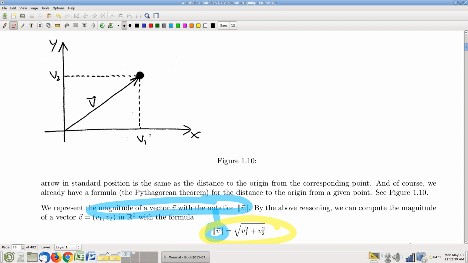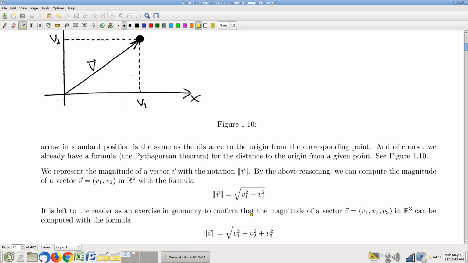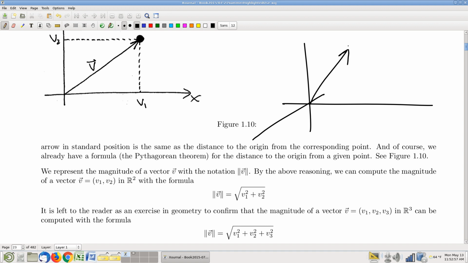Okay, so what about if you have a three-dimensional vector? This becomes a harder geometry problem. I'm going to leave this as an exercise for you all to do on your own. So suppose you have a vector like that, and just for visual convenience, let me drop a perpendicular.